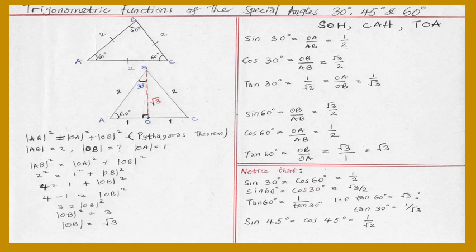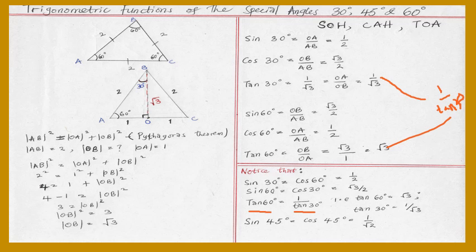Also, you notice that tan 60 is the inverse of tan 30. So tan 60 is 1 over tan 30. So notice tan 60 is root 3 and tan 30 is 1 over root 3. So they're both inversely related with tangents, special angles.